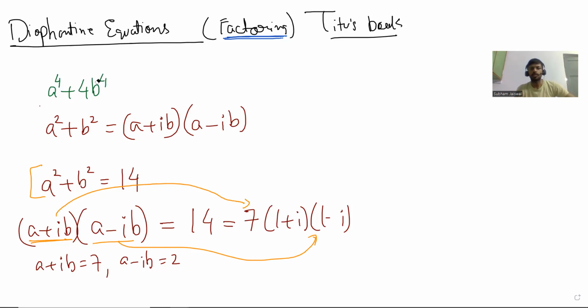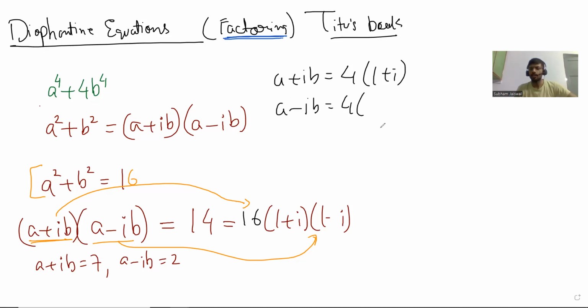Maybe we can make it 16. Again you can compare things, but why can you compare? Why can you get all the possibilities in the same way as you got for integers? So why can you still say that, for example, this should be this and this should be this? And similarly, you can write the possibilities.